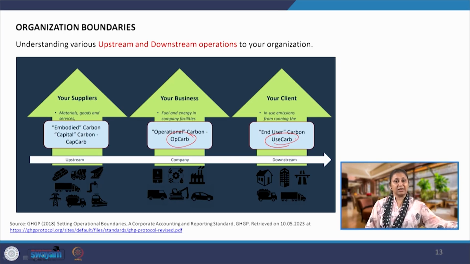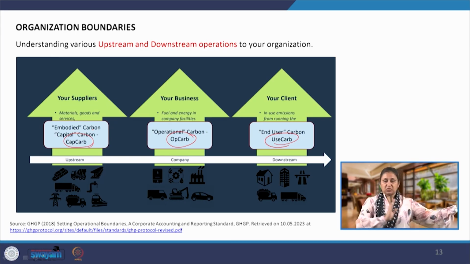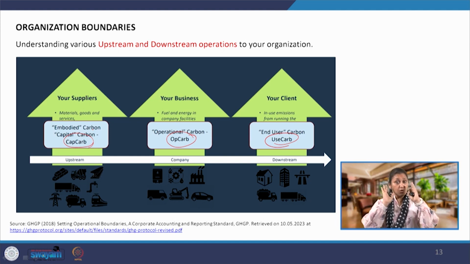And the embodied carbon: when we are purchasing the raw material, or when the procurement is being done, that is the embodied carbon or the capital carbon, known as cap carb. All that together is actually the carbon footprint, or we are here talking about the GHG emissions. So, from upstream to the downstream, all of it is part of the emissions or carbon footprint of the company.